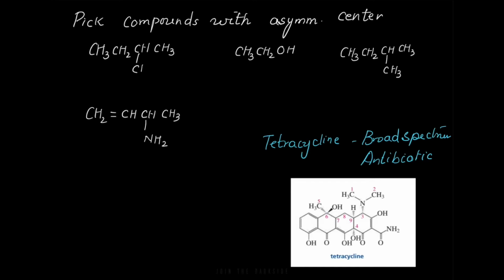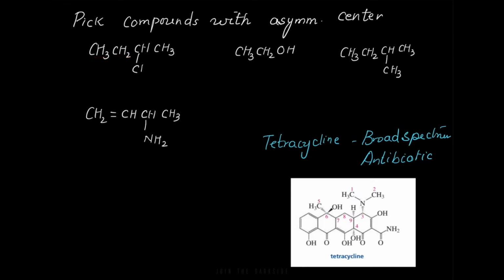Let's analyze this very first compound. This is an sp3 carbon, sp3 carbon, sp3 carbon, and sp3 carbon. But which one of these is going to be an asymmetric center? Here you have three exactly same groups, so this definitely does not qualify as a chiral center.